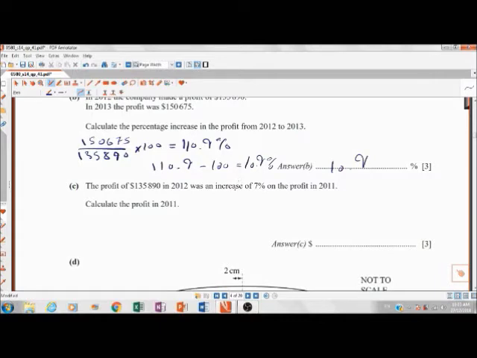So the profit of 1,335 was an increase. The profit in 2012 was an increase, so that means at that point it was 107%, not 100, of the profit in 2011. So you can use the scissors method. 135,890 equals 107%.